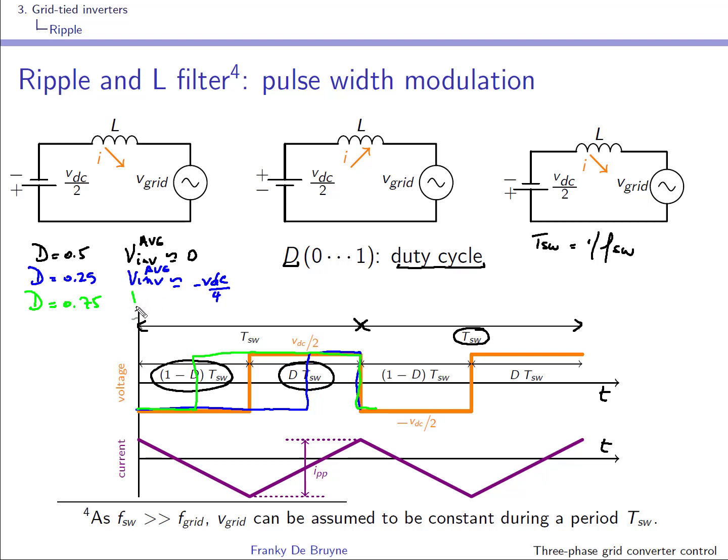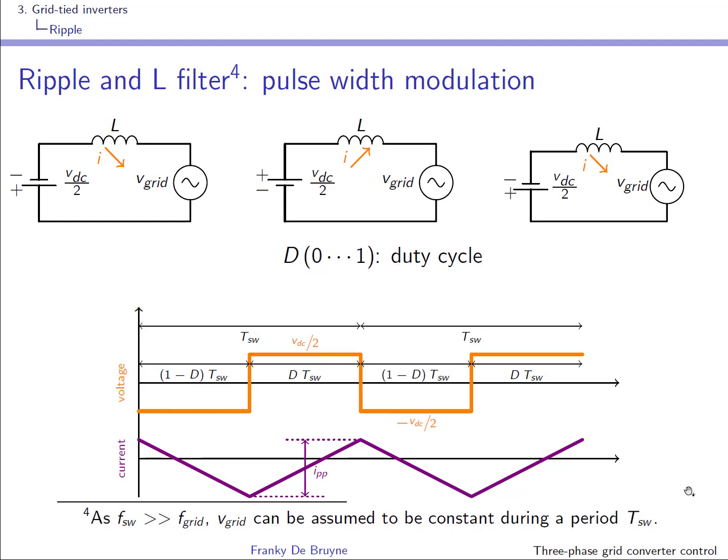And there you would have an inverter voltage, at least the average of that would be larger than 0, and it would probably be around VDC over 4. So what we've seen is that using the duty cycle you can decide on the width of this peak over here, and that is the percentage of the time where the top transistor is going to conduct.